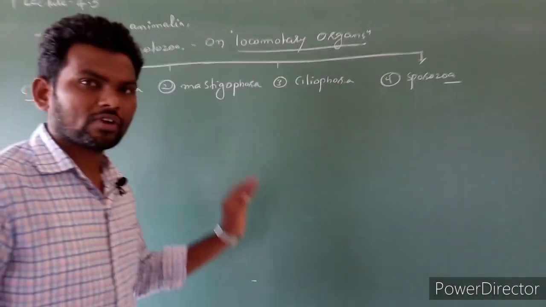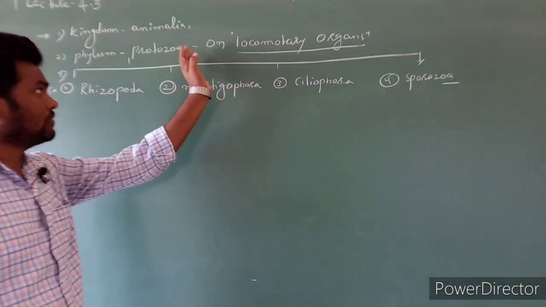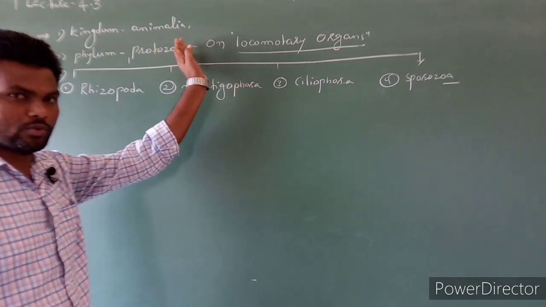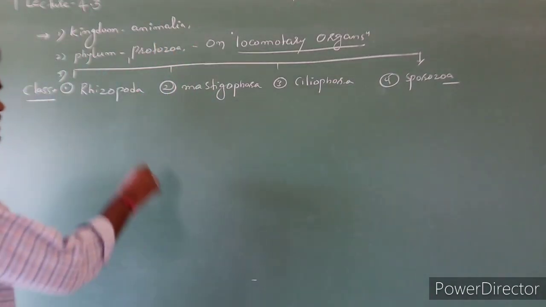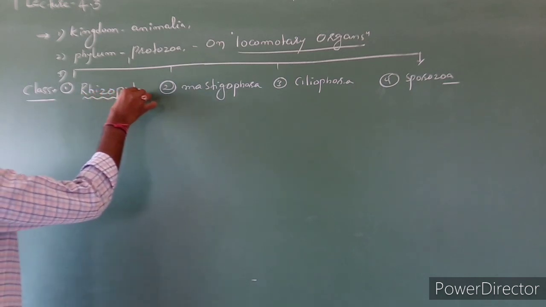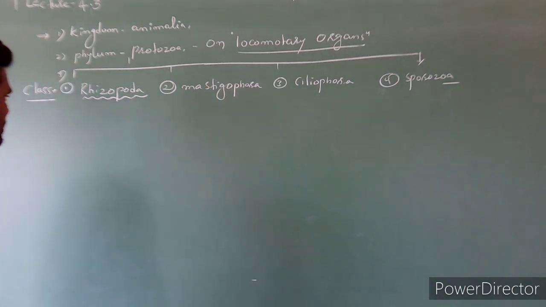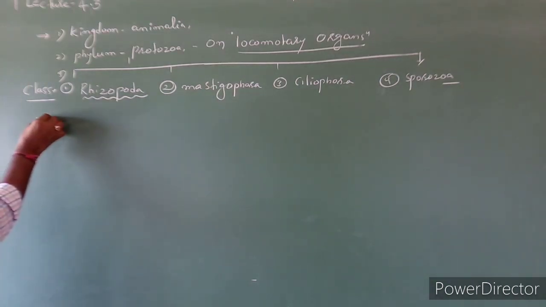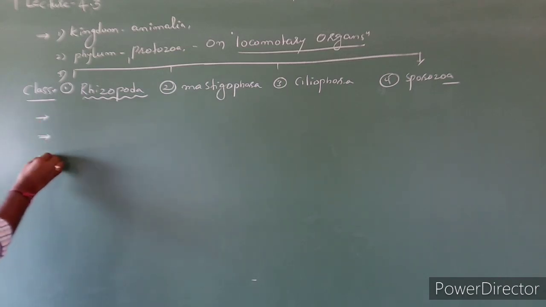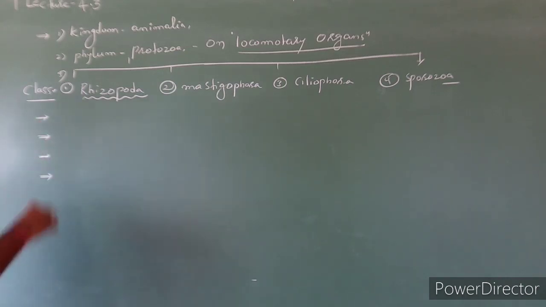So these are the four classes of the phylum Protozoa. Clear? First one is Rhizopoda, second is Mastigophora, third is Ciliophora, and fourth is Sporozoa. Let's see some basic information regarding these classes. At least 3 or 4 points are enough.